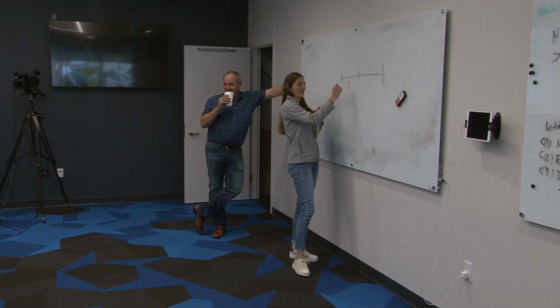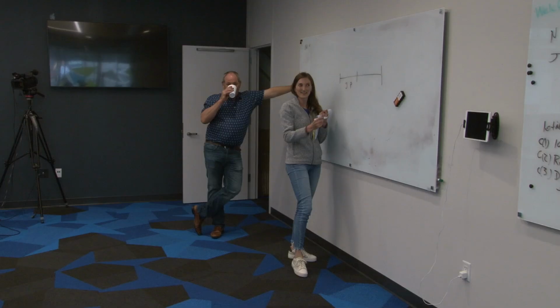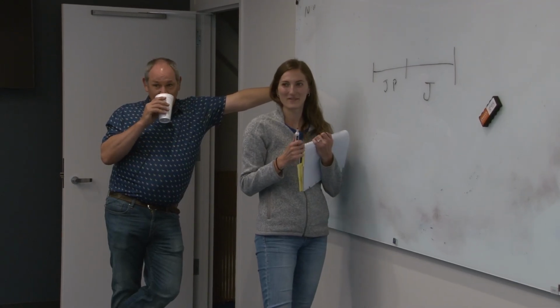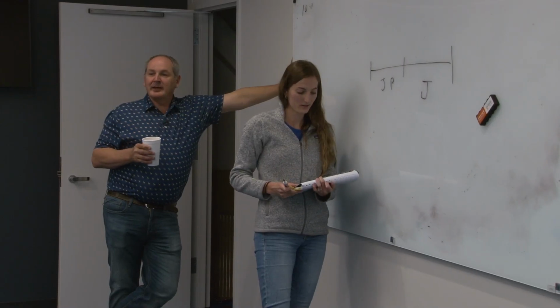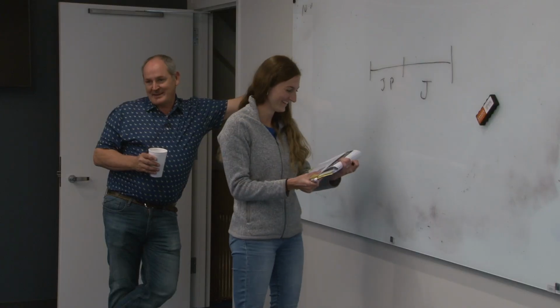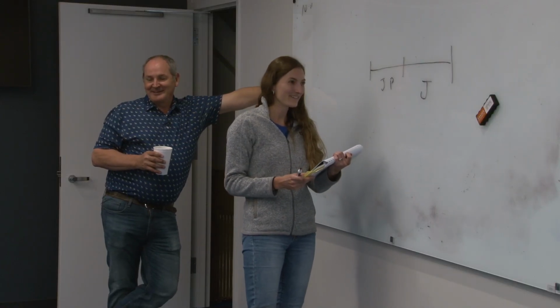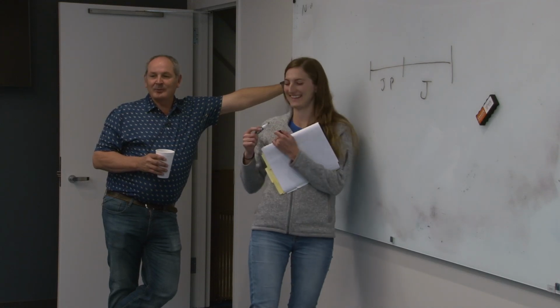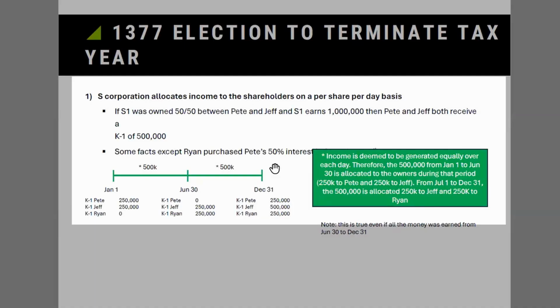We got J and we got P. And then here we have J. Is this doing good so far? Can we read it first? Okay, I'll read it.